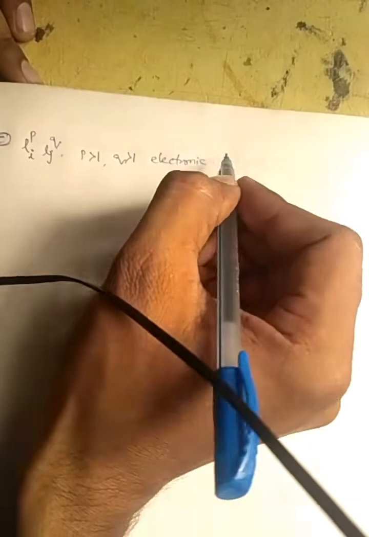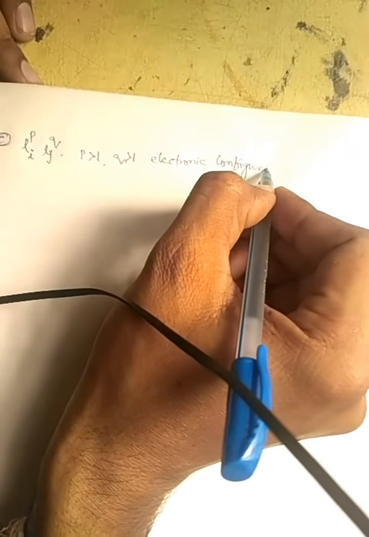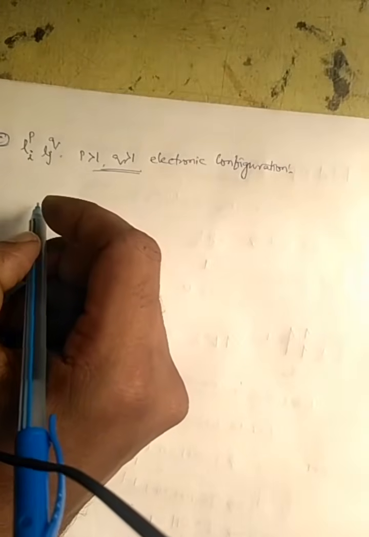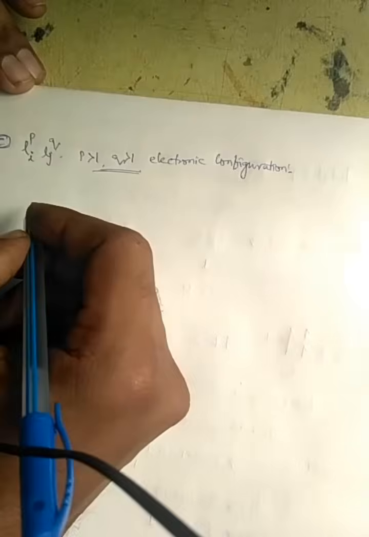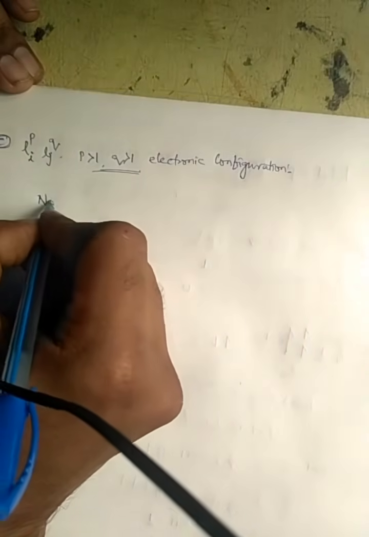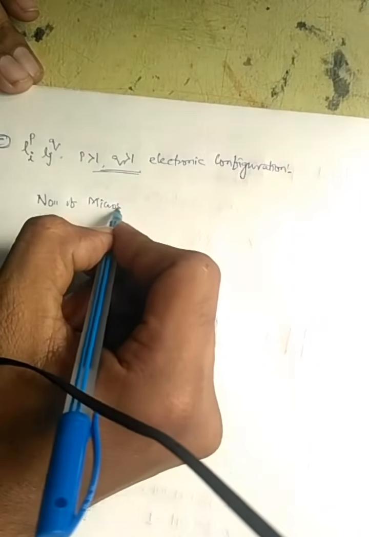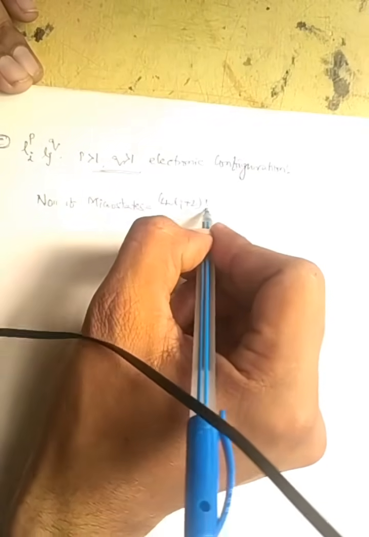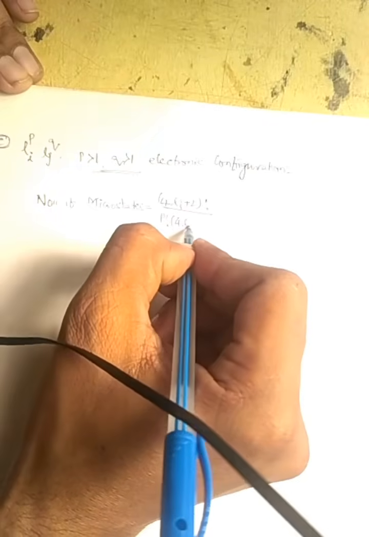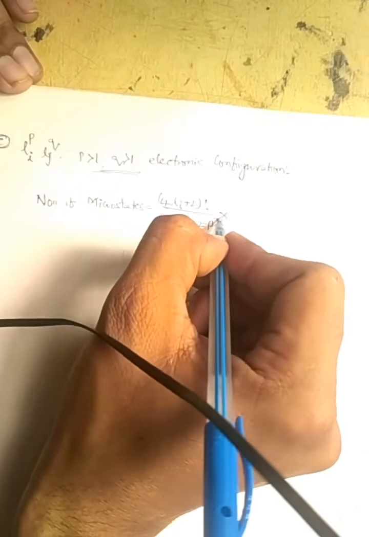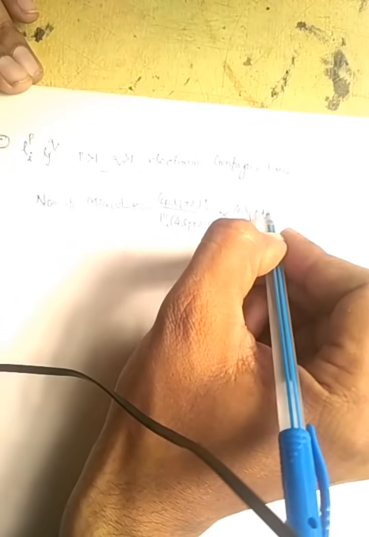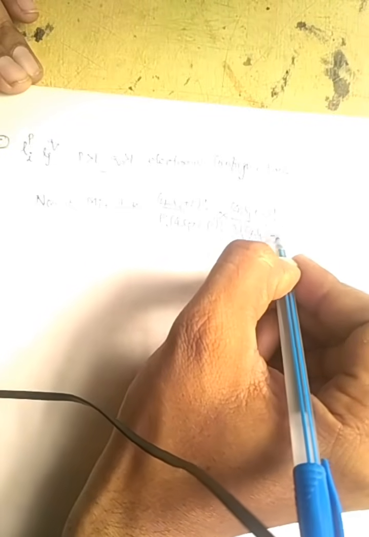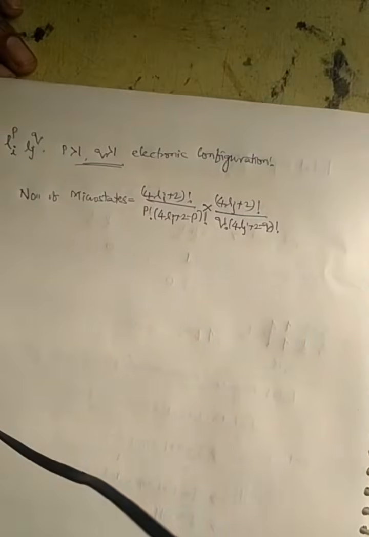For a two orbital electronic configuration consisting of more than one electron, the number of microstates is equal to (4Li plus 2) factorial divided by P factorial in multiple with (4Li plus 2 minus P) factorial, in whole multiplication with (4Lj plus 2) factorial divided by Q factorial in multiple with (4Lj plus 2 minus Q) factorial. So this is the formula.